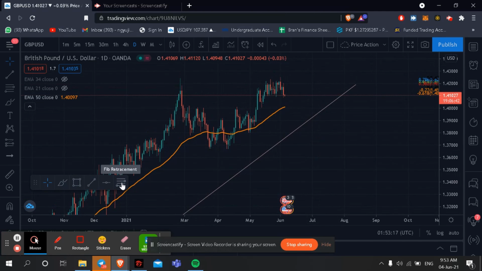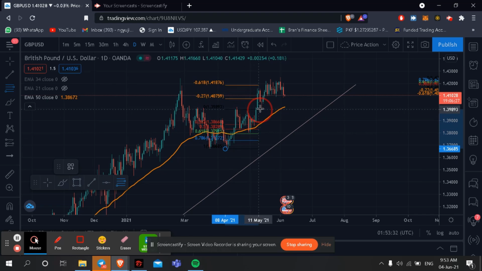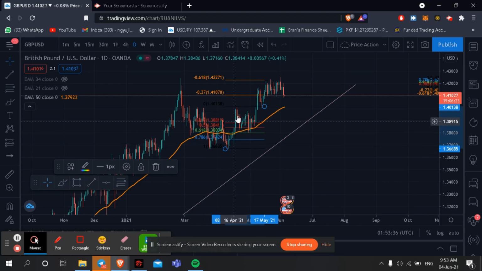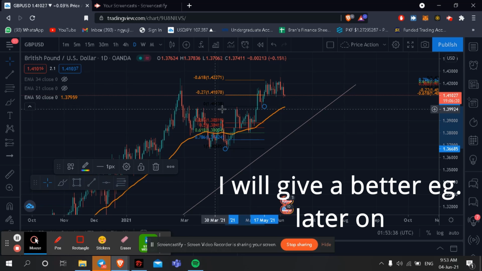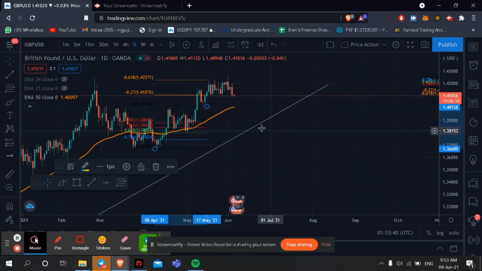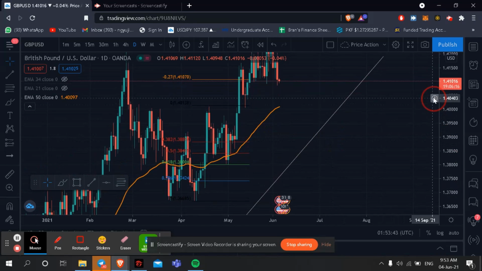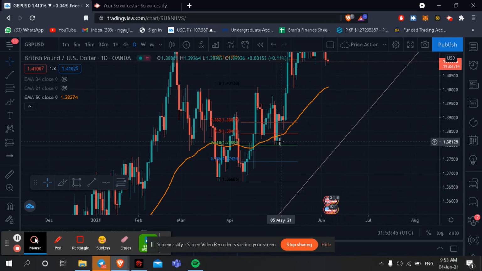Firstly, click on the fib tool. Now since we want to find a potential support after retracing, let's say I want to find from this low to this swing high. Can you see the starting point is always a 1 and the swing high should be a 0. Look how price actually bounced from the golden level.